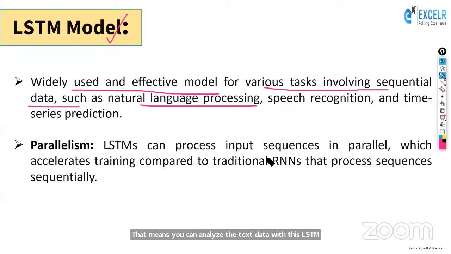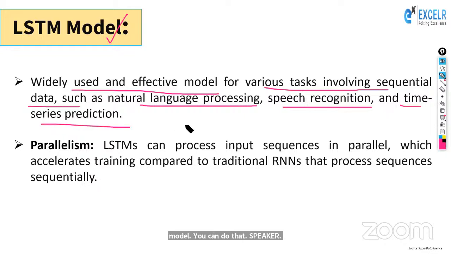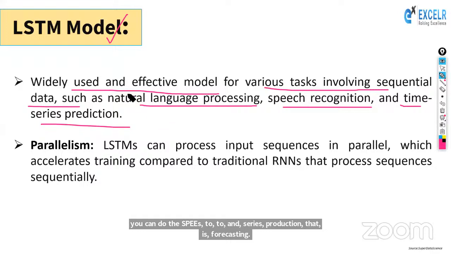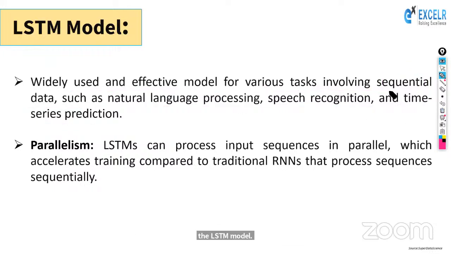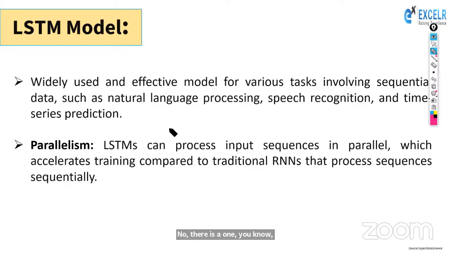You can do speech recognition and time series prediction, that means forecasting. So you can analyze any kind of sequential data with the help of the LSTM model. There is one more advantage of using the LSTM model over traditional RNNs: it provides the parallelism advantage.